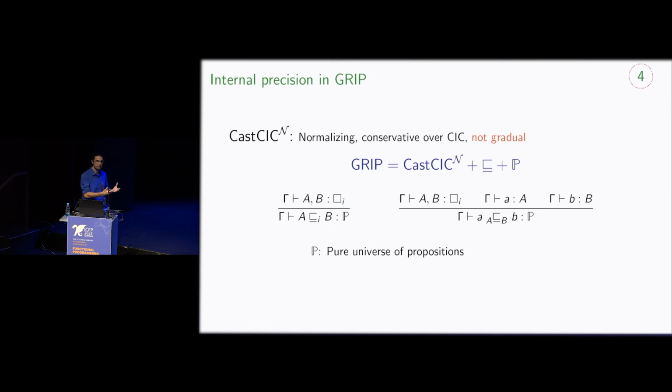And these types of precision are actually propositions that inhabit a pure universe of propositions, Prop. And this universe of propositions is pure in the sense that it contains no errors, no casts, and no unknown terms, which makes it a good place to have sound reasoning for the type theory.